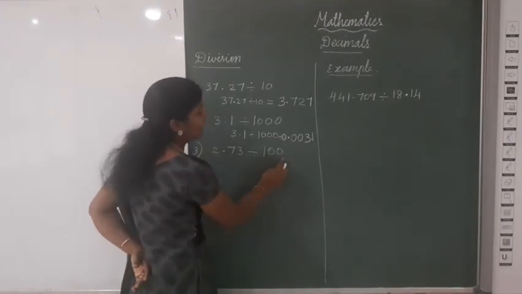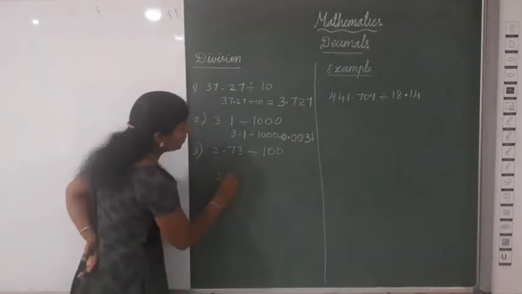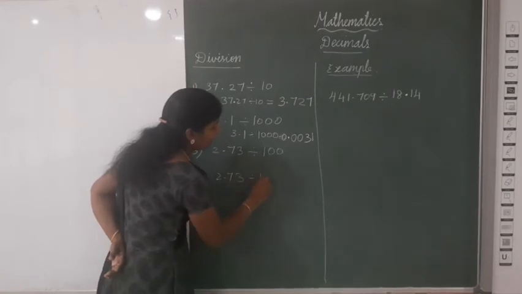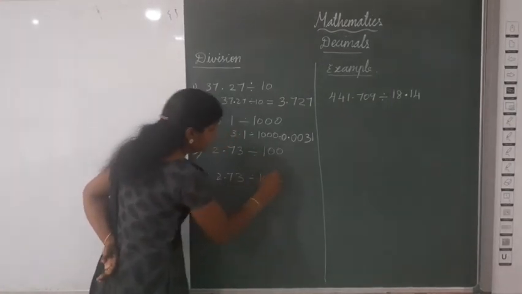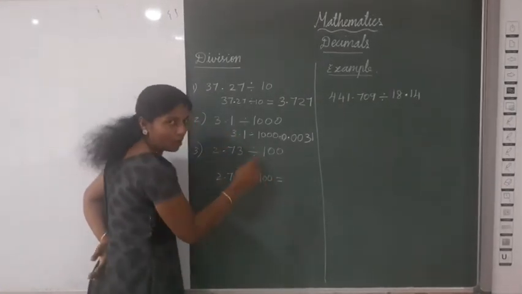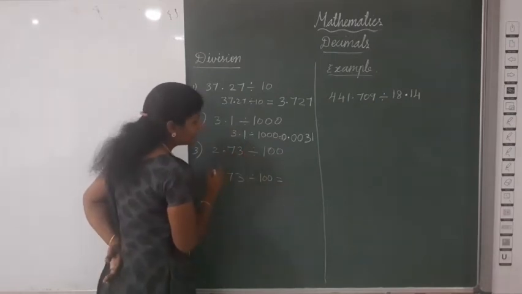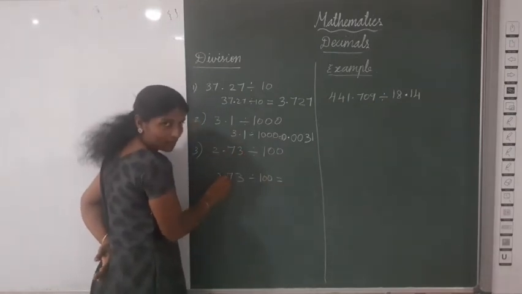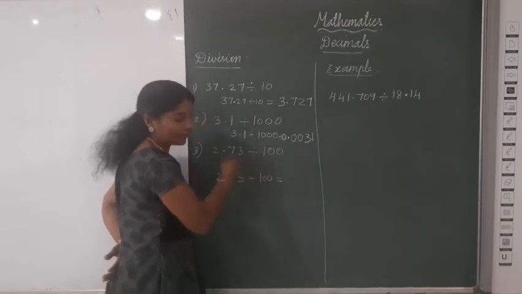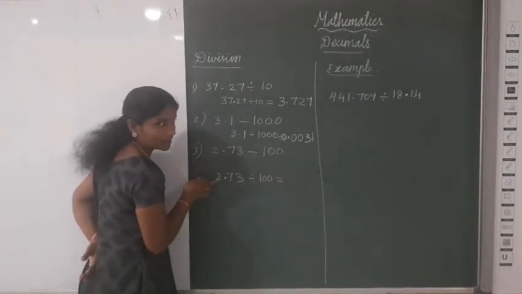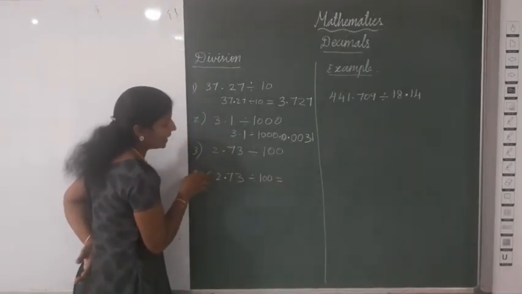In the same way we can do another question. 2.73 divided by 100 equals, now listen, after 1 we have 2 zeros, isn't it? So move the decimal point 2 places to left side. Already we have 1 place, then next place we add a 0.